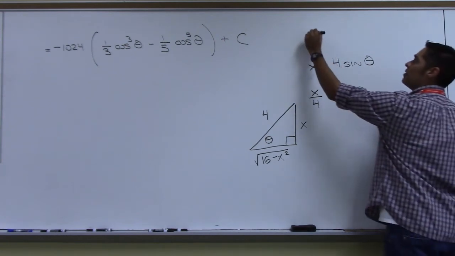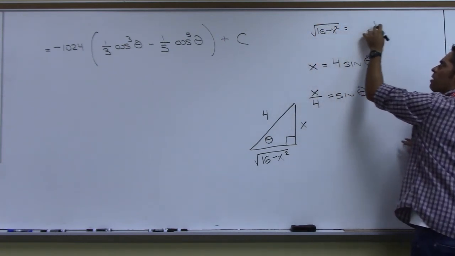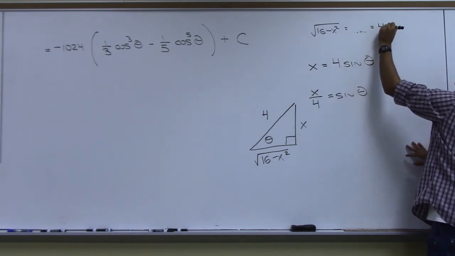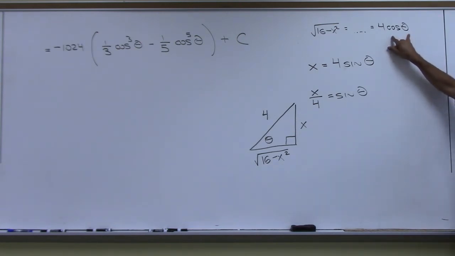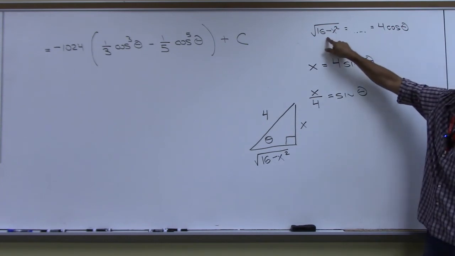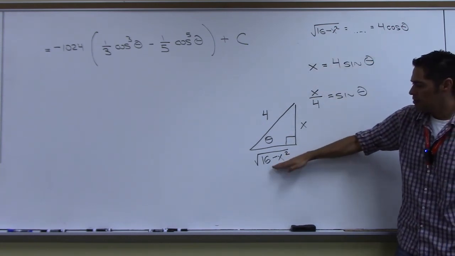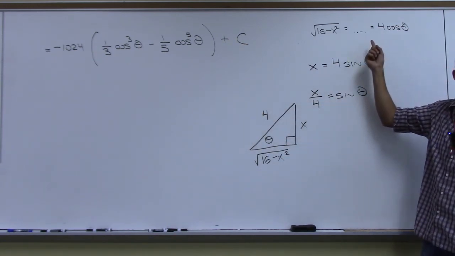We worked it all out and got 4 cosine theta. So we could have just taken the 4 and divided it. And cosine theta according to the triangle is the square root over 4, which is exactly what we got from that.